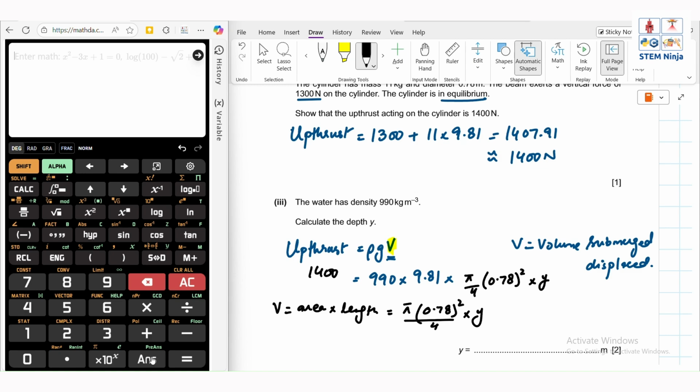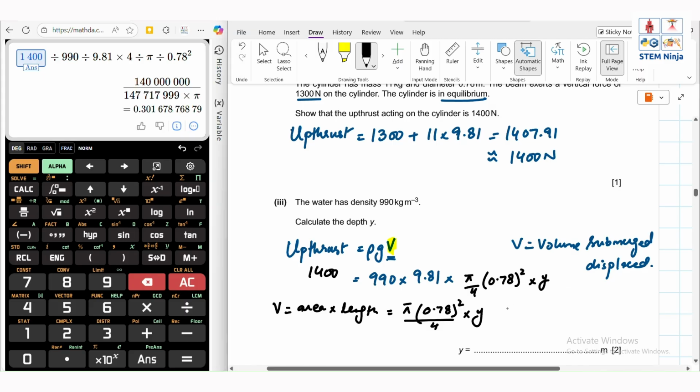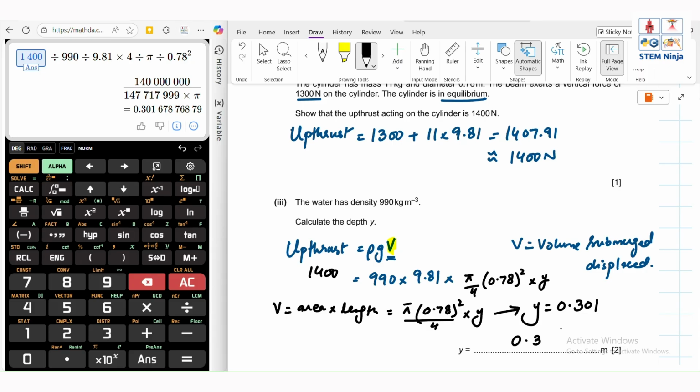So answer divided by 990, divided by 9.81, times 4, divided by pi, divided by 0.78 whole squared. So we get y equals 0.301, which basically means just 0.3 meters.